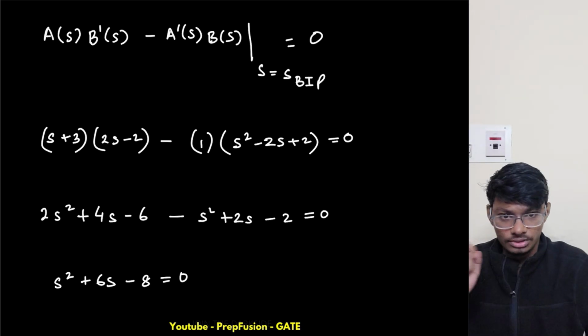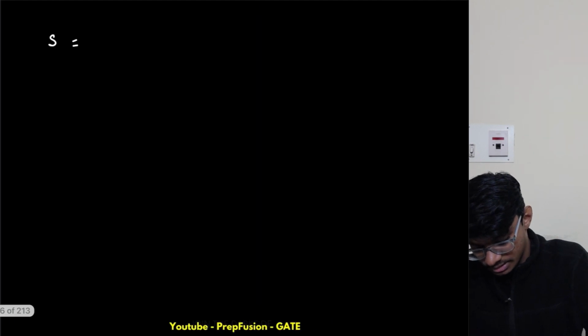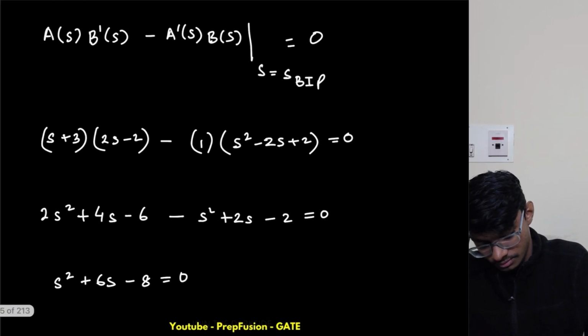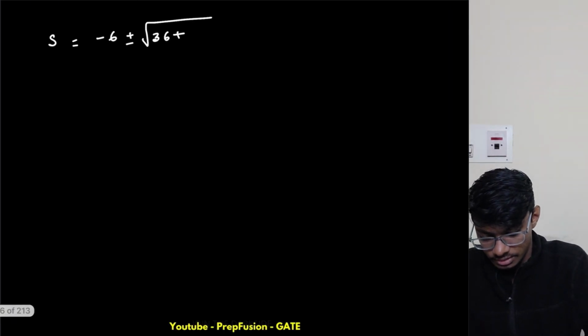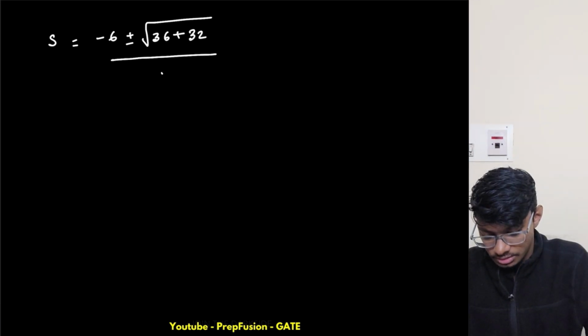Now let's compute the break-in and breakaway points. I've already computed this one down. The solution is minus 6 plus minus square root of b square plus 4ac. 4ac is 32 itself, because this becomes plus as I have minus 8, divided by 2a.